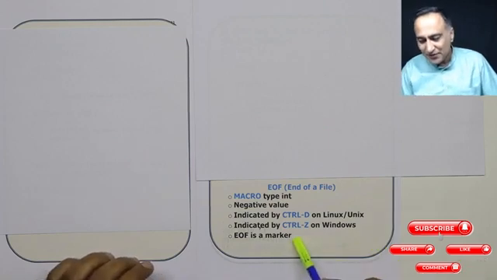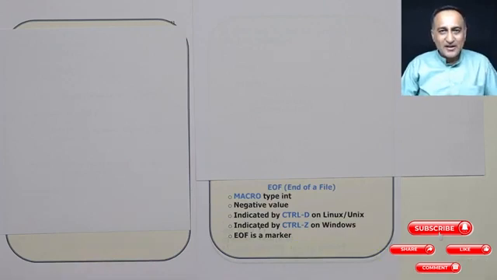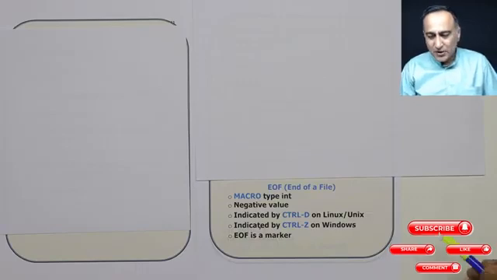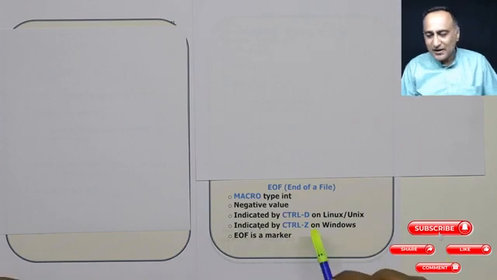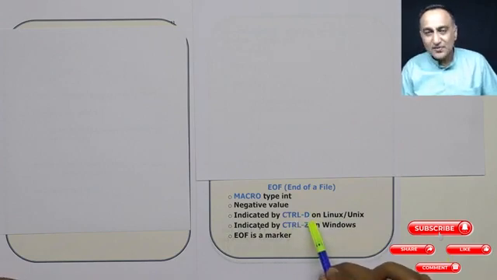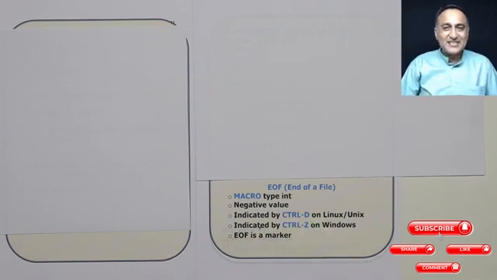The end of the file is after this R. So after this R, if I have a special character, that special character is known as the end of file marker. For example, on Unix and Linux, the end of file marker is Control D. On Windows, it is Control Z. That indicates the end of input or end of file.